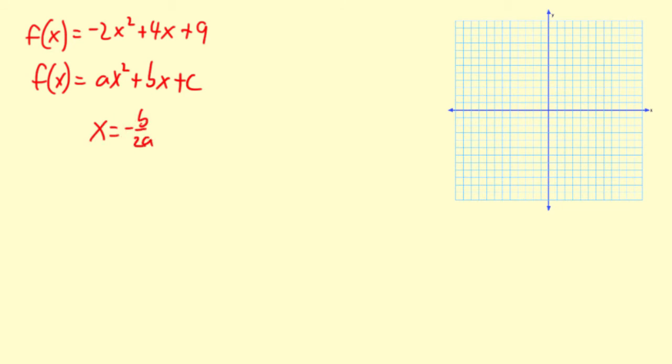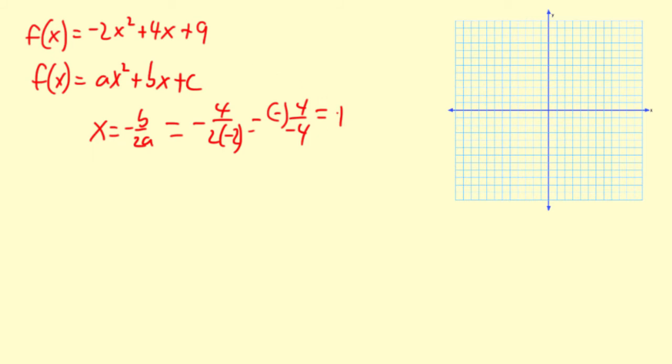That's true for any quadratic function in standard form. So to find the x-coordinate, you can do this, and that equals negative of 4 divided by 2 times negative 2, which is the negative of 4 divided by negative 4, which is simply 1, because 4 divided by negative 4 is negative 1, and then you have this negative sign here, so the opposite of negative 1 is 1.